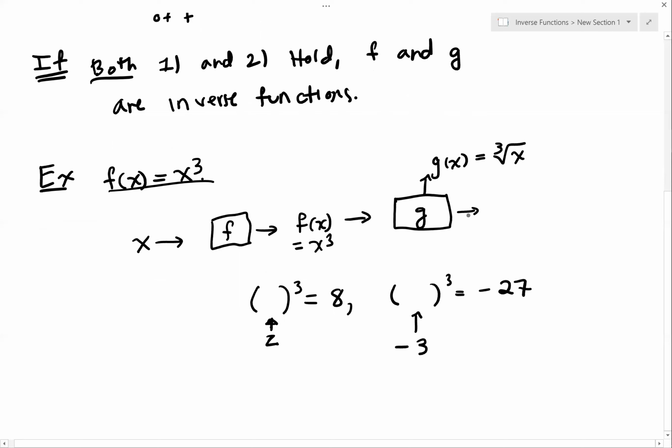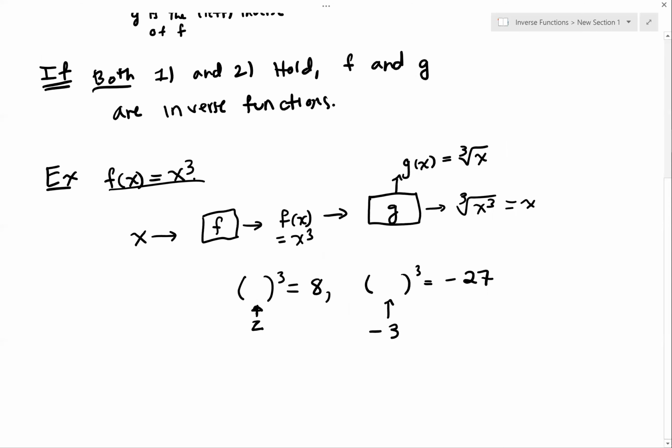So if I plug x cubed into g, that would be the cube root of x cubed, and that just gives you x. Because remember, odd roots of the same odd power cancel perfectly. If you're taking even roots of even powers, unless there's some domain restriction, you end up with absolute values around that input.